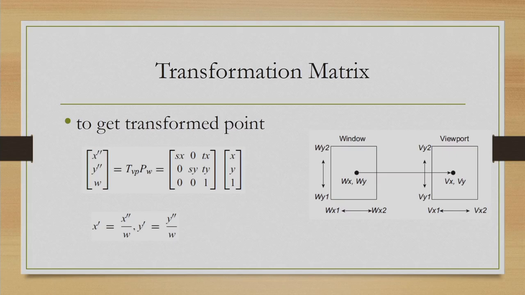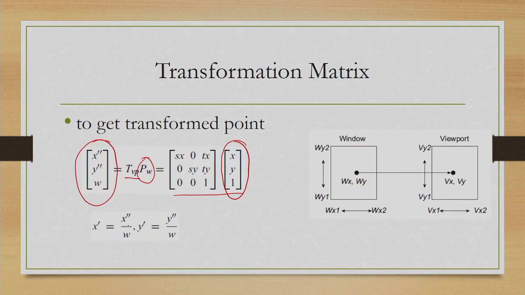And we will follow the same rule, that is, to get the transformed point we will multiply the original point with the transformation matrix as shown here. Note that here again we are dealing with the homogeneous coordinate system. Since these are 2 dimensional points, we have 3 element vectors and 3 by 3 matrices.